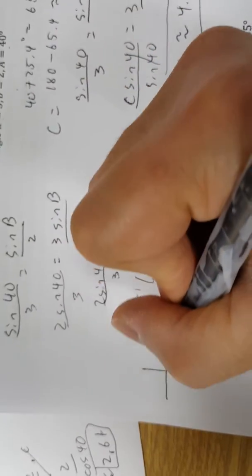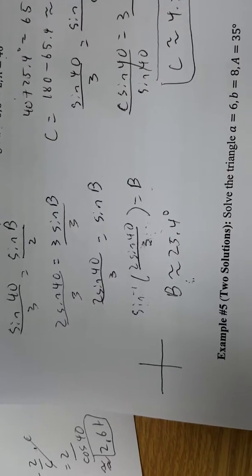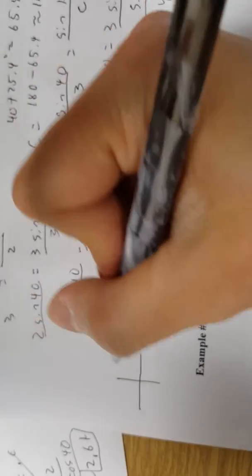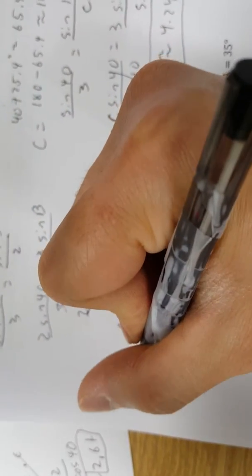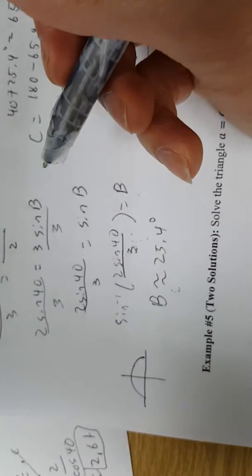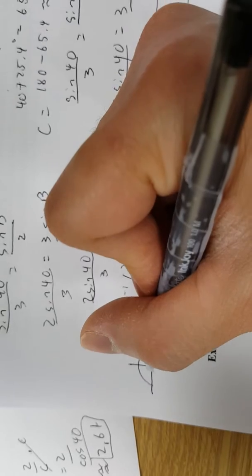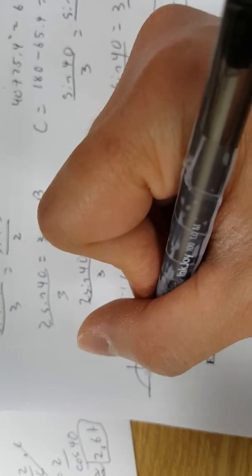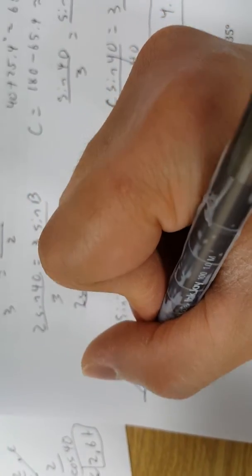So remember in a unit circle. Now the good thing about doing this chapter is that since we're in a triangle, we only focus on angles between 0 and 180. But remember, there are two places that will have the same sine, one in quadrant 1 and one in quadrant 2.